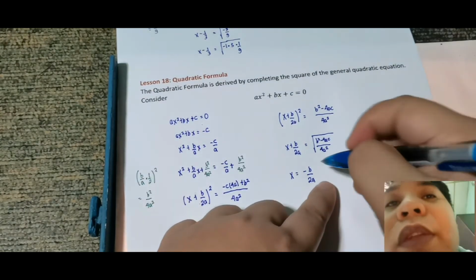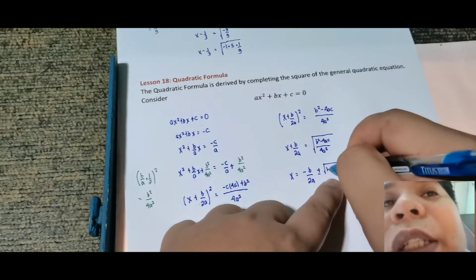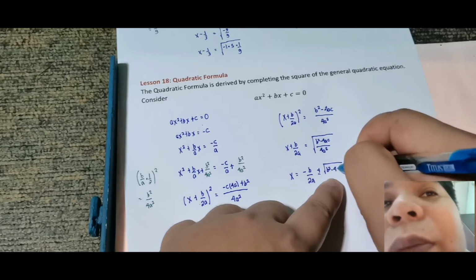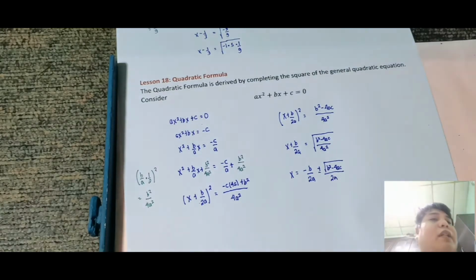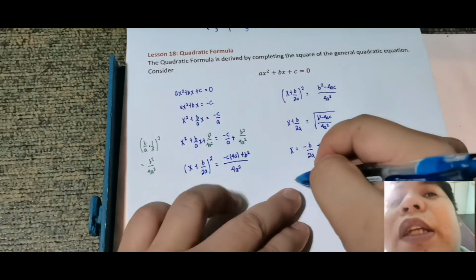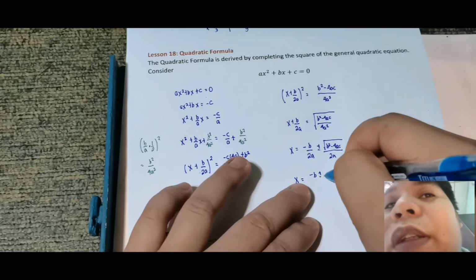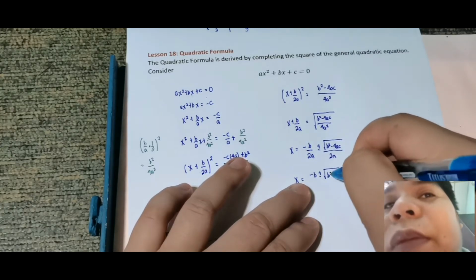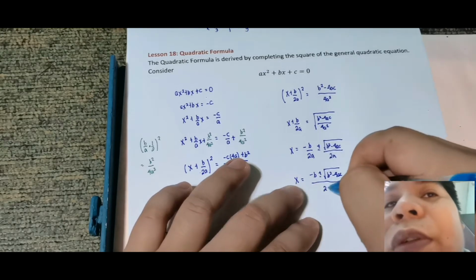Transpose ko na kasi. Tapos, positive and negative is square root ng b squared minus 4ac all over 2a na lang. Since parehas naman ng denominator, therefore, what is the quadratic formula? X is equals sa negative b, positive and negative is square root ng b squared minus 4ac all over 2a.